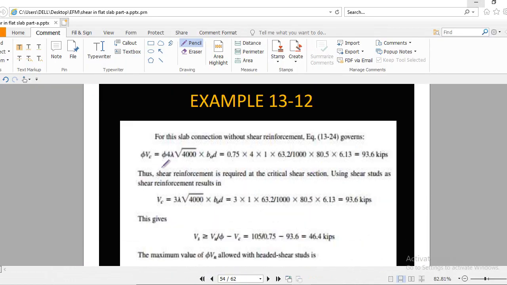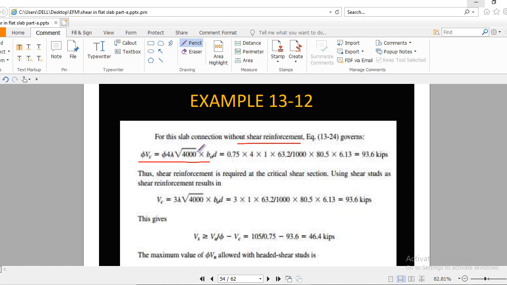Now we already know that in case of punching shear, when we have no shear reinforcement, remember I already thoroughly explained, when you have shear reinforcement, we don't use this 4, we use 2. And why? The answer is in lecture number 11. Why are we dropping the punching shear capacity of the concrete to 50%?